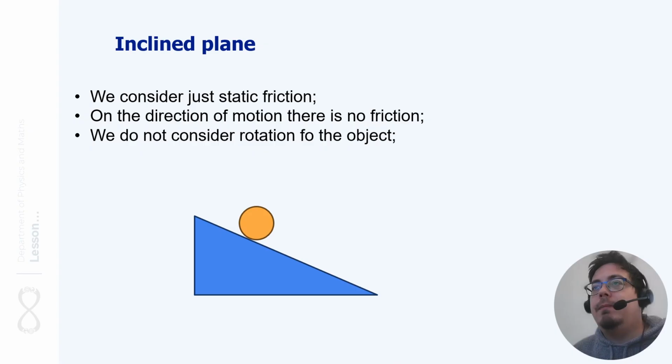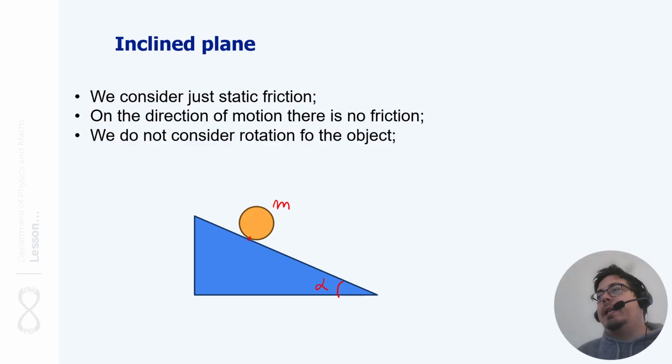So we have an object of mass m, and the object is on a surface which is inclined with an angle alpha. There is only one point of contact here. We will do some approximation to start with to consider the first example.